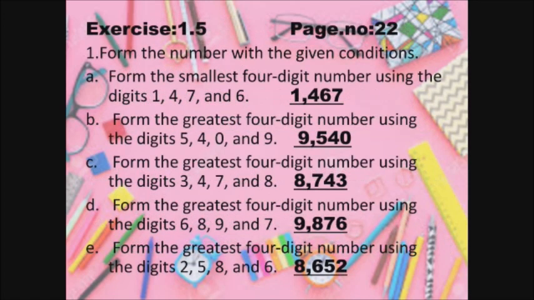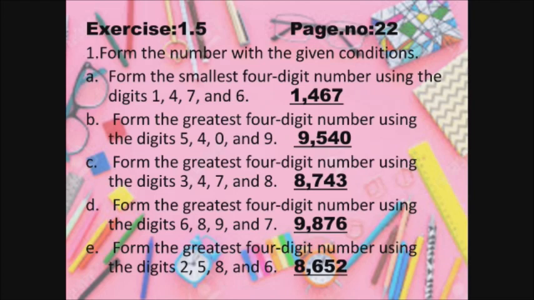We move on to exercise 1.5 on page number 22. First one, form the number with the given conditions. A sum: form the smallest 4-digit number using the digits 1, 4, 7 and 9. Among these, which is the smallest number?